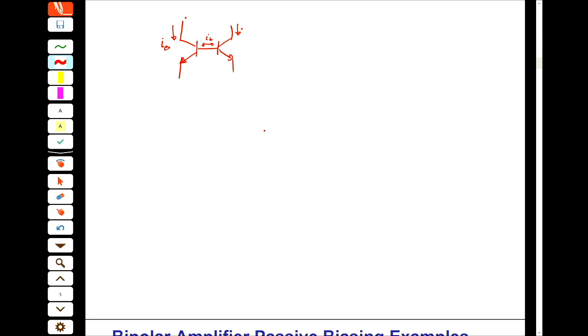So the IC2. Then we try to bias the second one. It could be like this, and then exactly the current that we get here, we say that current is going through the other one.